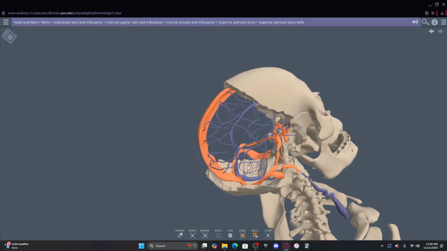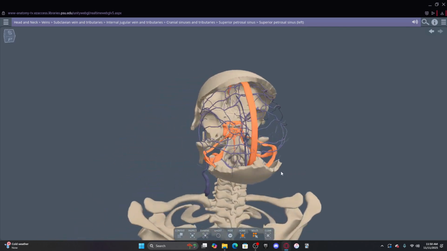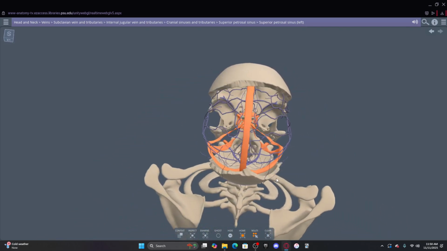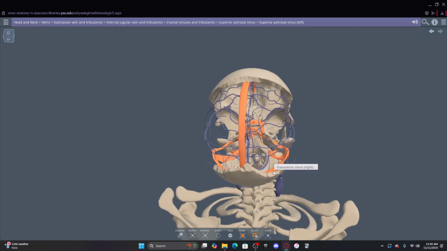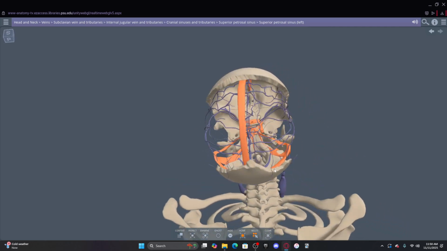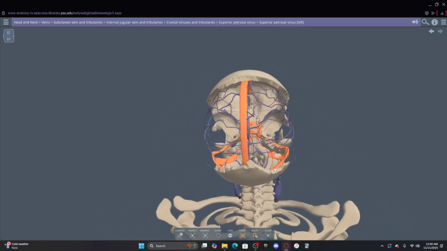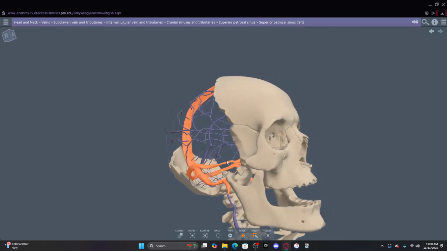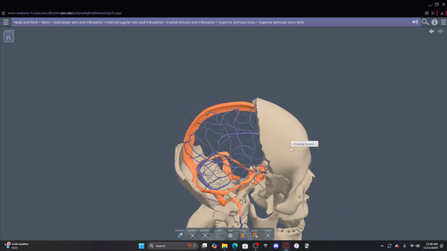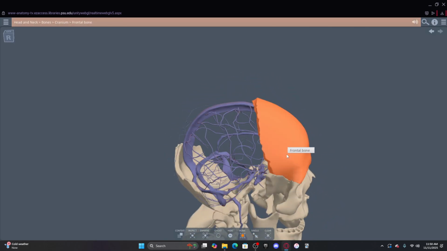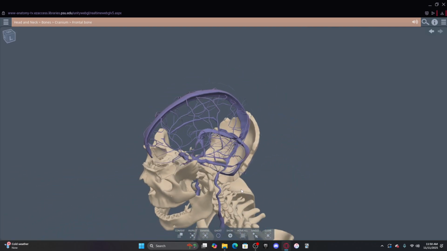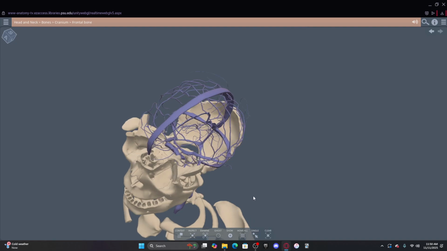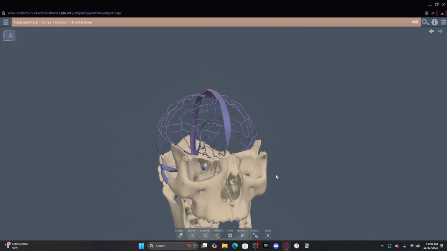You can see how all these sinuses are draining into the internal jugular vein on each side. And I'm going to remove the frontal lobe just so we can see a little bit better. I hope that makes sense.